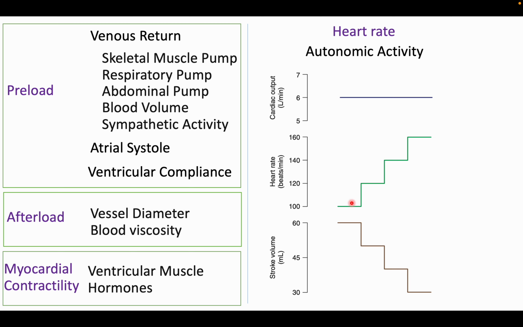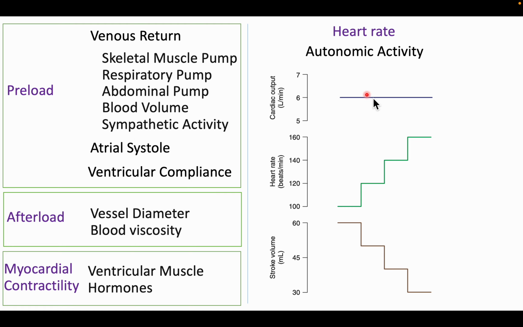When heart rate increases, at the same time stroke volume is also adjusted to maintain the normal value of cardiac output. Why? Because when the heart rate increases, the duration of the cardiac cycle decreases. So the heart has less time to accommodate more blood, end diastolic volume decreases, and once it decreases, the stroke volume also decreases.